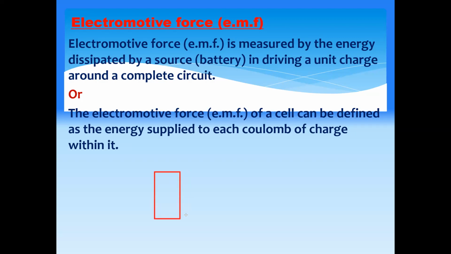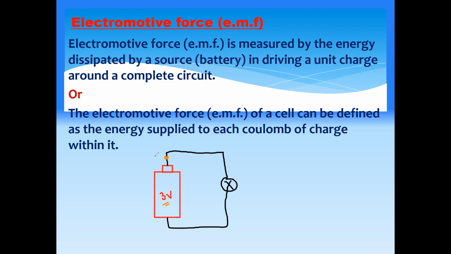So for example, a cell is there. On the cell it is labeled 3 V. So what does it mean? If we connect wires and circuit components such as a bulb, due to a chemical reaction it will produce charges. When this charge comes out, how much energy will it carry?